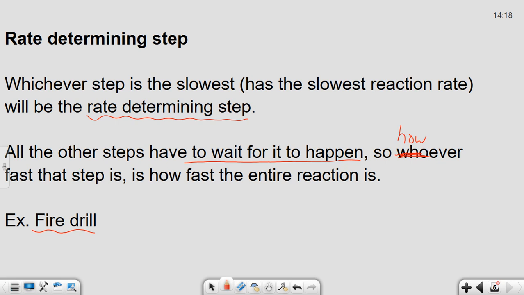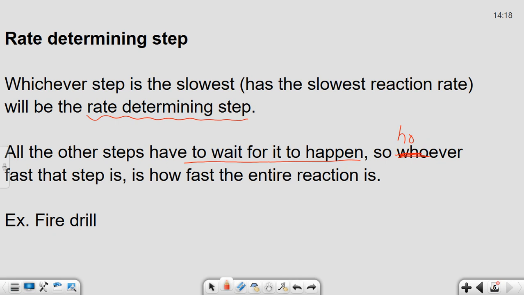The fire drill is a really good metaphor for this. The next door neighbor's class would be our rate determining step. Everyone in the building waits for them if they're the slow pokes just slowly walking their way out of the school. And instead of running to sign in, they're just like, yeah, I'll get there when I get there, taking their time. So that slow classroom slows down the entire fire drill. So we're all waiting for them.